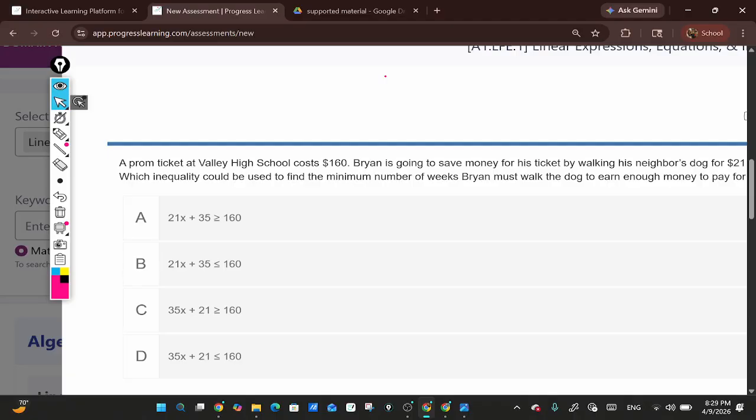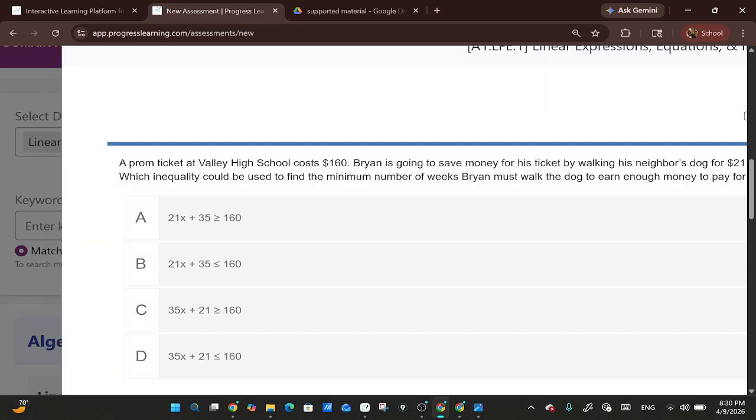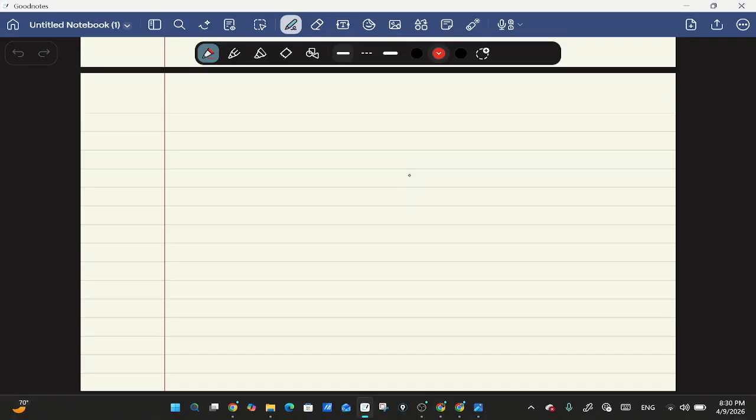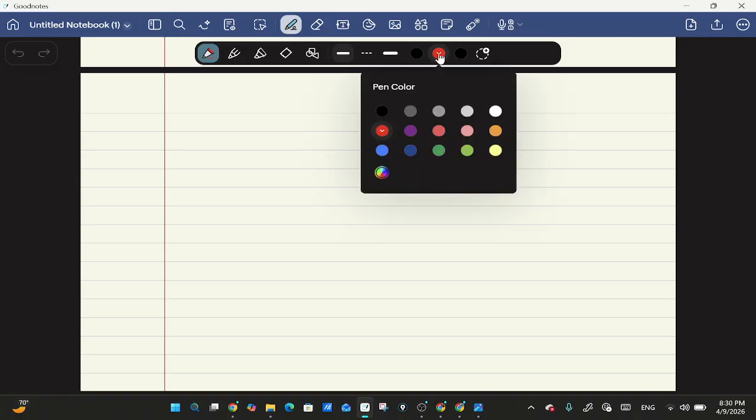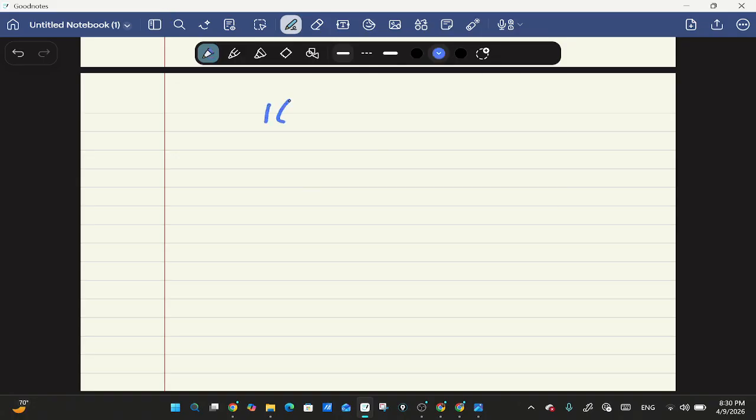So we start with the $160. The total as it appears in the question is $160, and this is the total for the ticket.